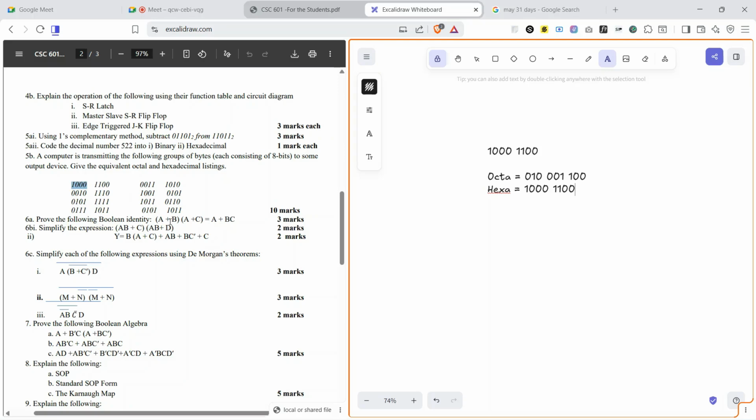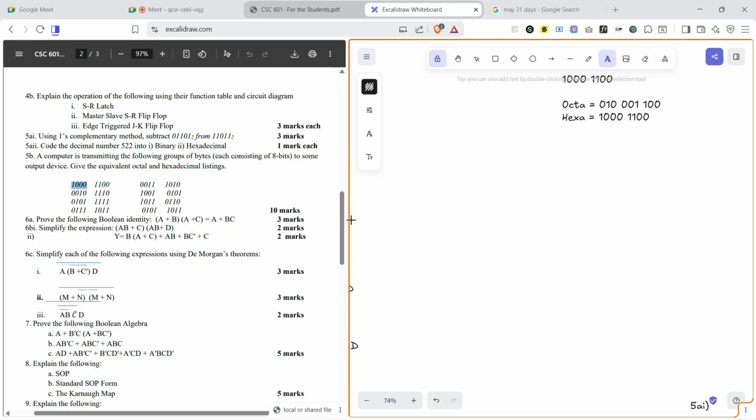Then we are told to prove the Boolean identity that this is equal to this. So we want to prove that the left hand side equals the right hand side.